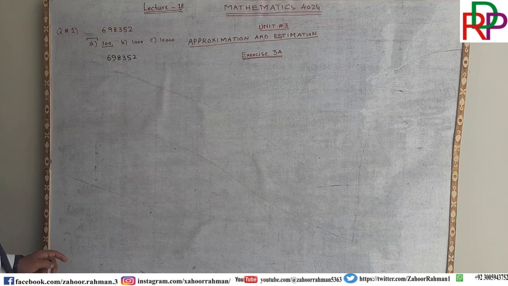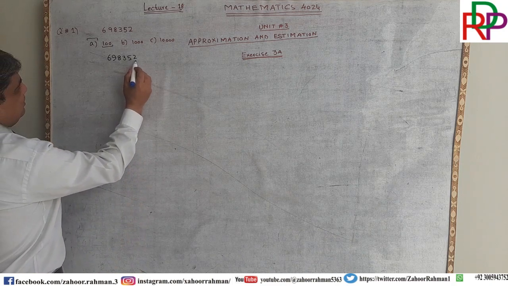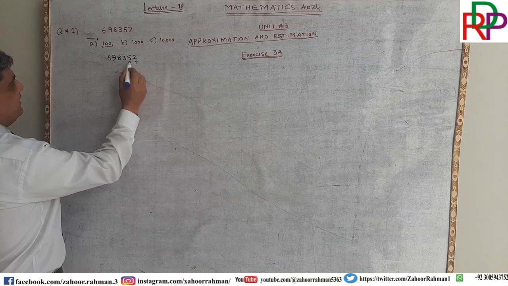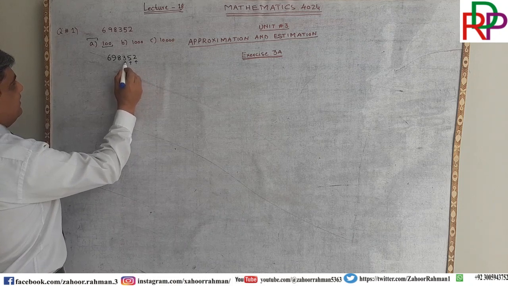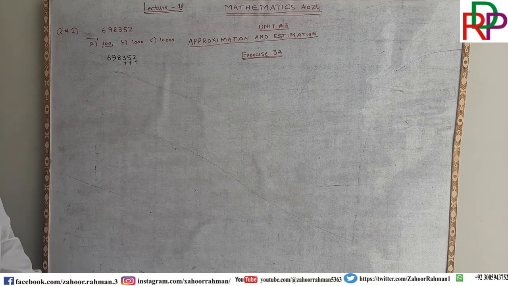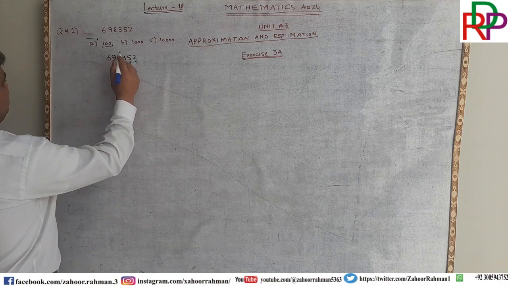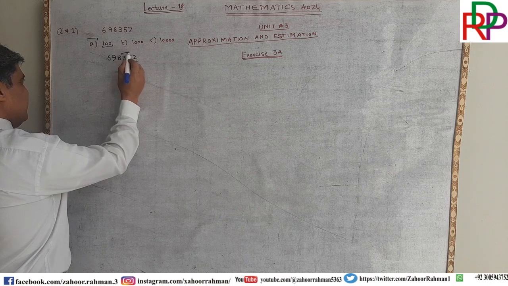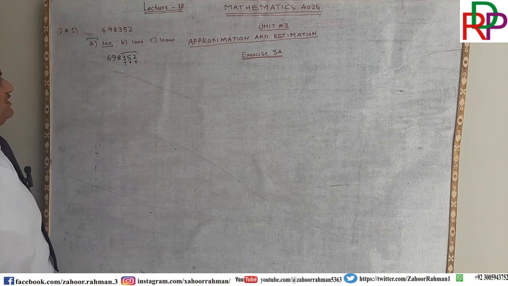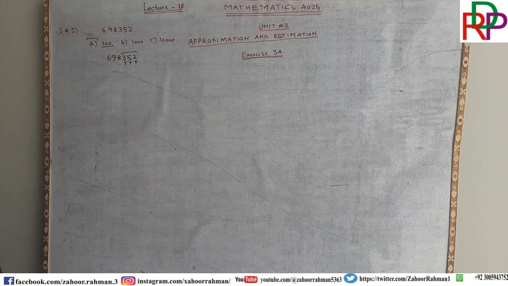So how many digits will be under our focus? These three: unit, tens and 100. So we have to concentrate on these three numbers. Then what will we do?